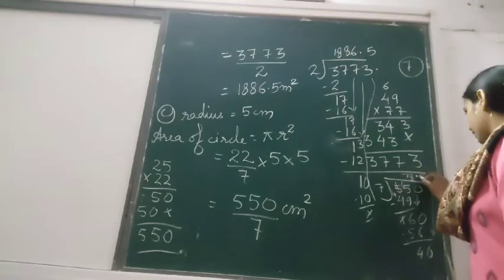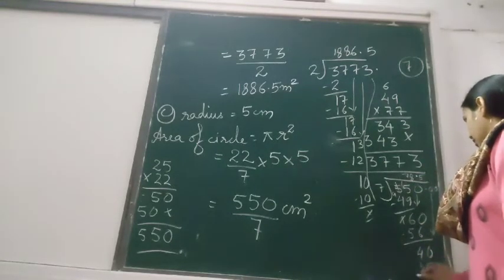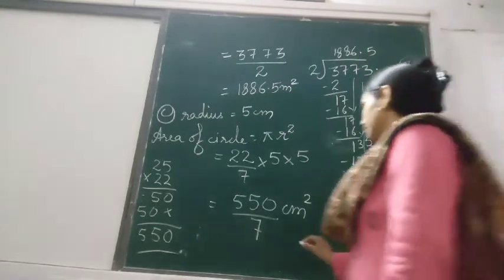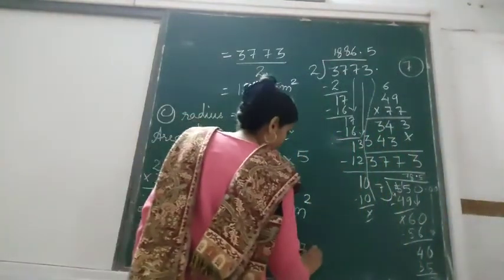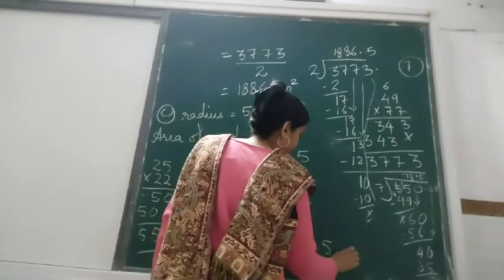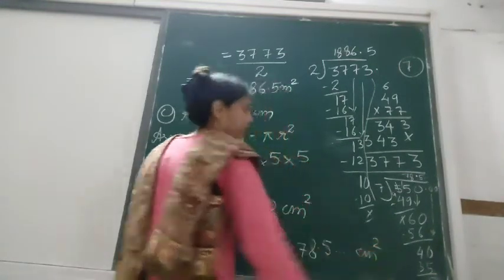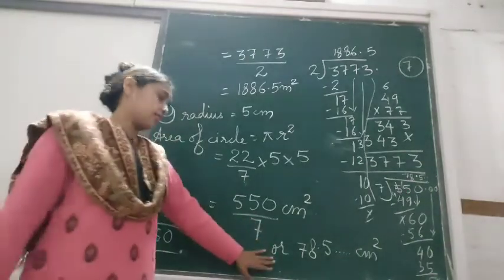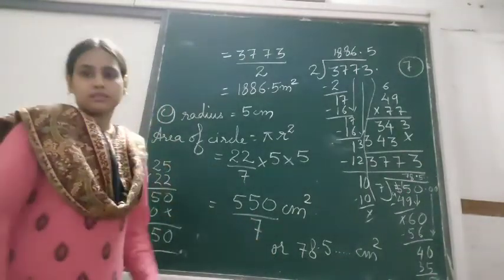So this will be 7 5s are 35, then 50, and it will go on so on. Or 78.5 and so on centimeters square. So either this can be your answer or this can be your answer. So this completes the C part.